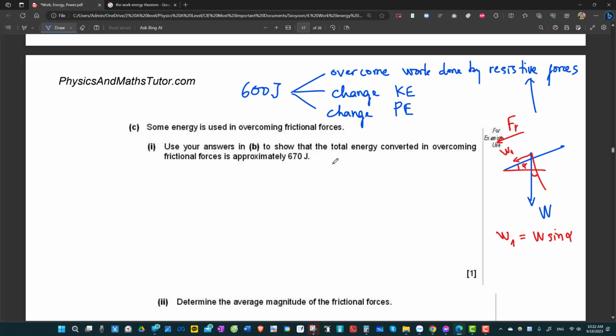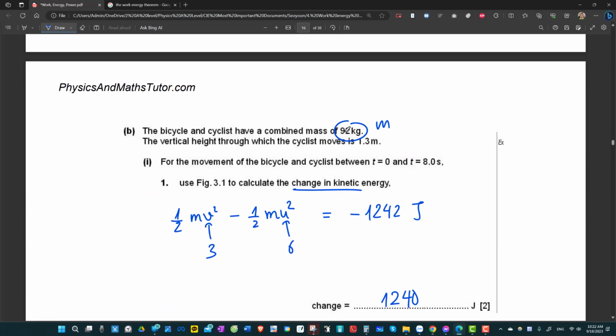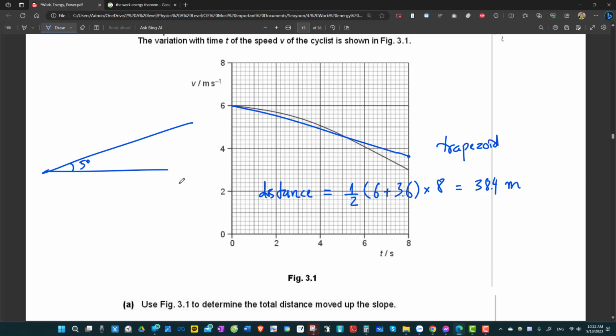So we have the following equation: 600 joules for the useful energy is equal to the change in kinetic energy, which is 1/2 the mass. The mass of the system is 92 kilograms here. The final speed that we see here is 3 meters per second, and the initial speed is 6 meters per second.